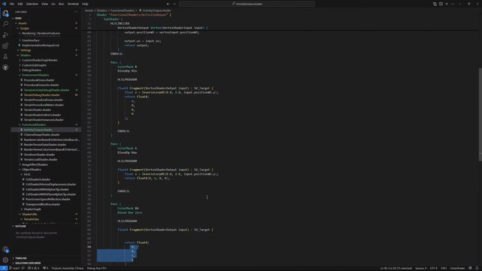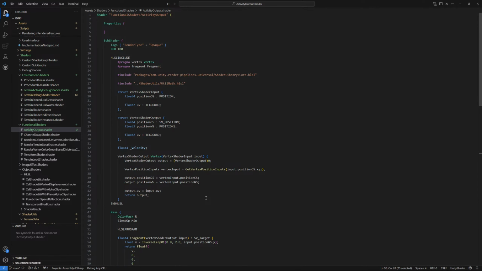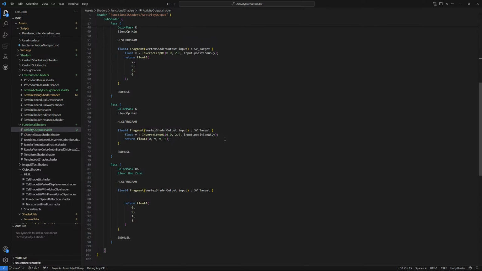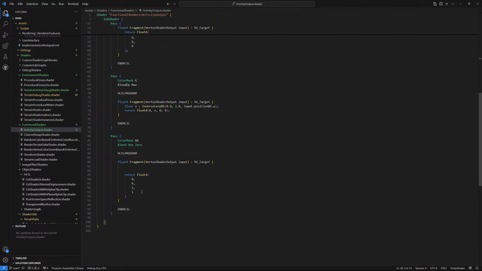So what we want to do then is output this as... I wonder if we need to do something special here as well, because we want to work with this as data. But anyway, when we output this one, we probably want to output it as a value between 0 and 1.